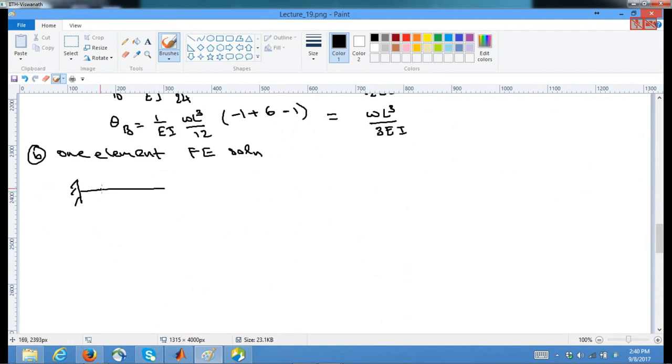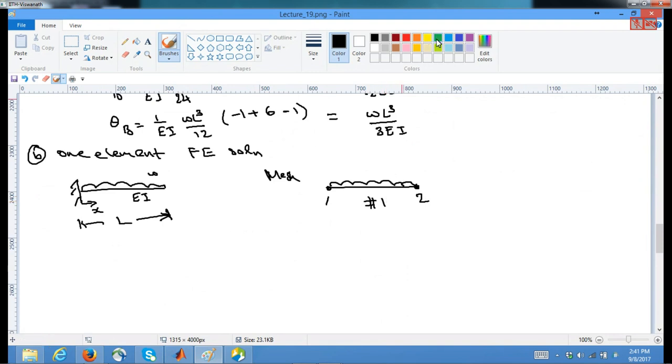So you take this, now we model this one, or we mesh it using only one element, which is, let's say, node 1, node 2, and this is element 1.